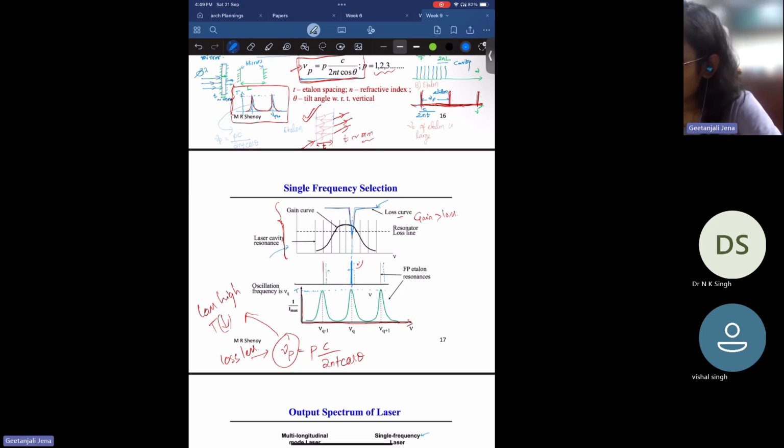And for other frequencies, the transmission is nearly zero. So that means those frequencies will experience losses inside the etalon and they will not oscillate inside the cavity. Okay. So in this way, by using the etalon, we can achieve a single frequency oscillation.